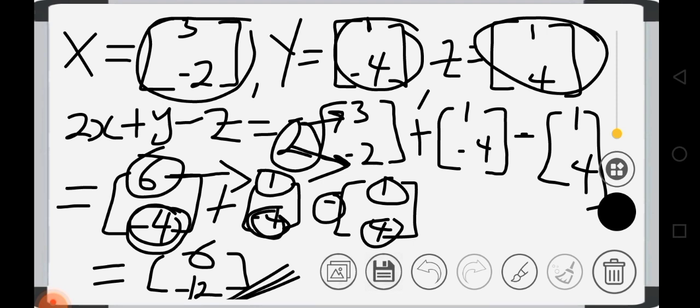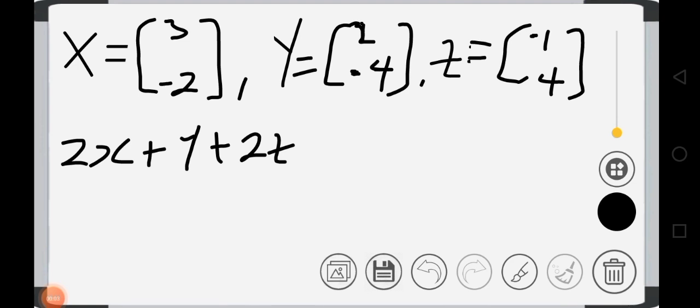Now, how about this question? Let's say we're having this. x is equal to 3 comma minus 2, y is equal to 2 comma minus 4, z is equal to minus 1 comma 4. What is 2x plus y plus 2z? So how are we going to do this?